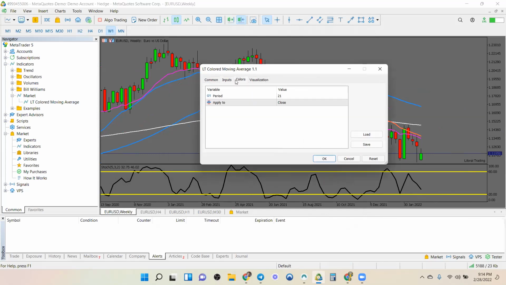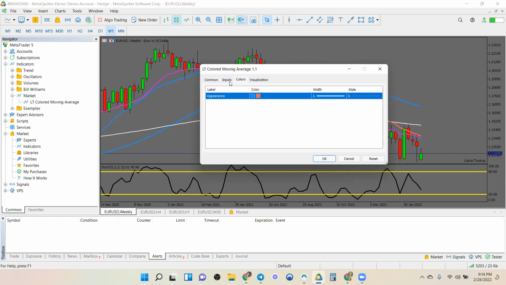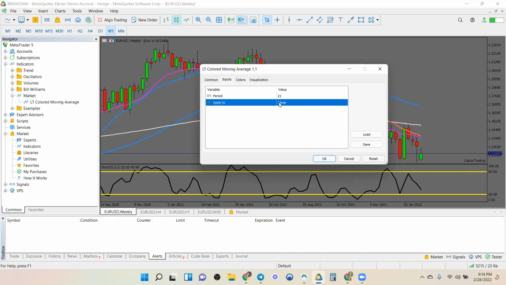Properties. All right, so here's what we're going to do. We're going to change the input. So go back to inputs. We want to make sure that this is the 50 SMA, and we want the period close. So change the value to 50.